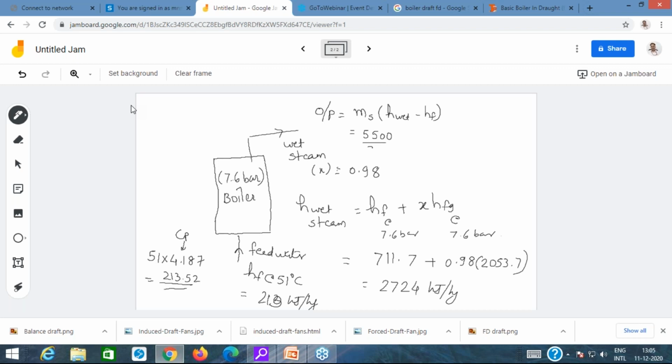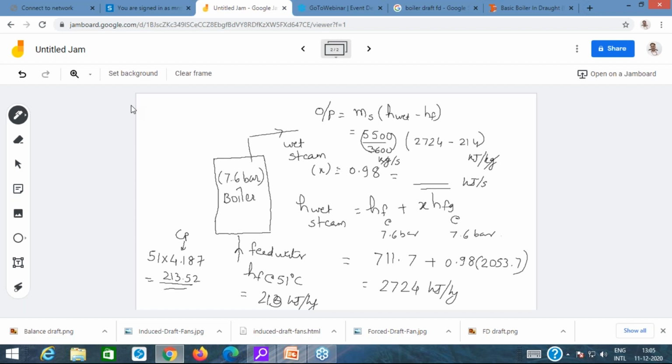So this becomes 5,500 upon 3600 kgs per second into 2724 minus 214, approximate values I am writing. This is kilojoules per kg, so the kg would cancel off and you will be left with the unit as kilojoules per second. This would be the boiler output.